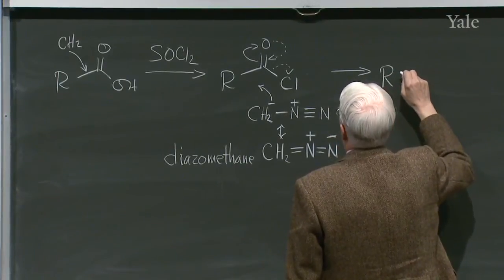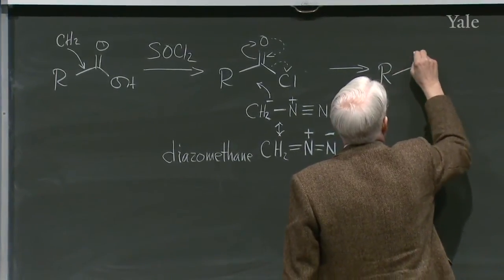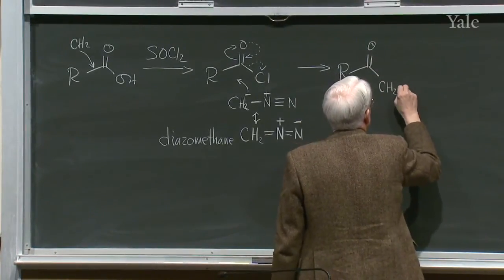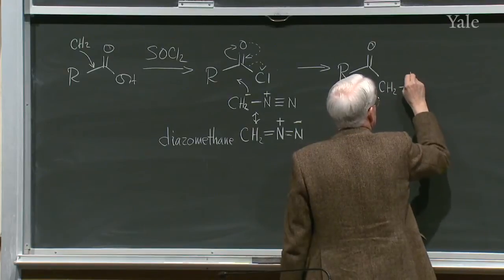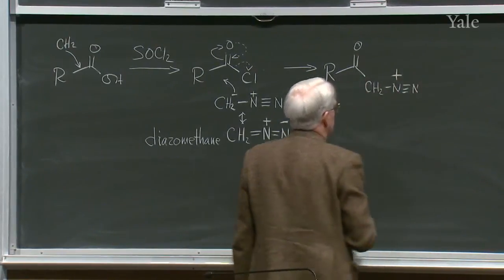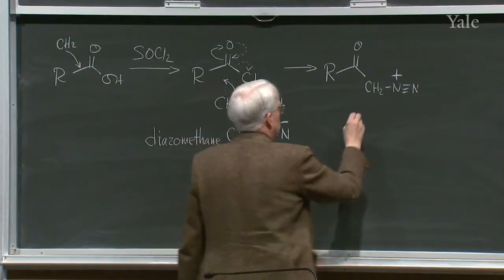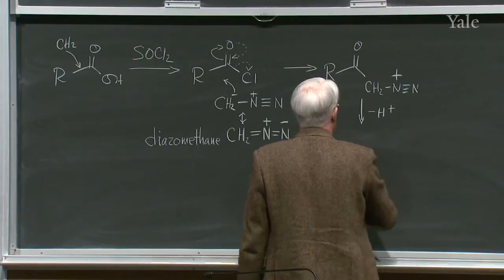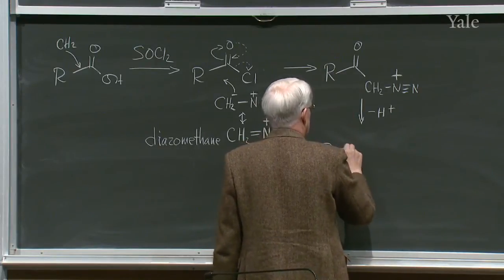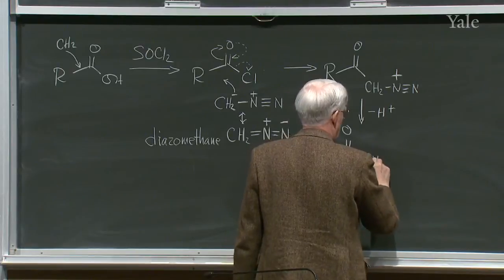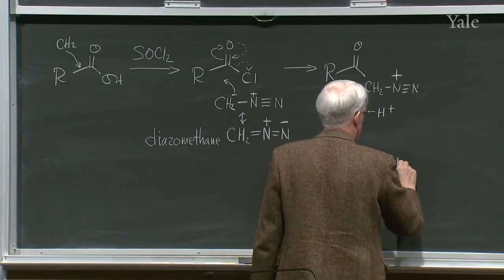So now we have CH2N plus triple bond N, which loses a proton to give R, C=O, CH, N2.